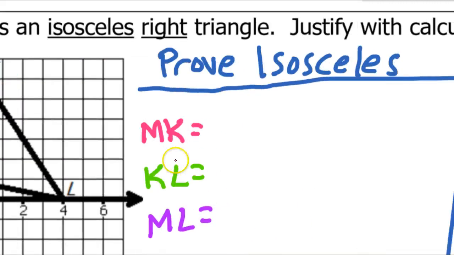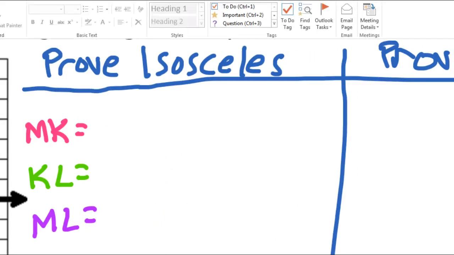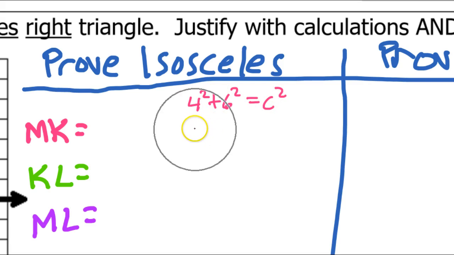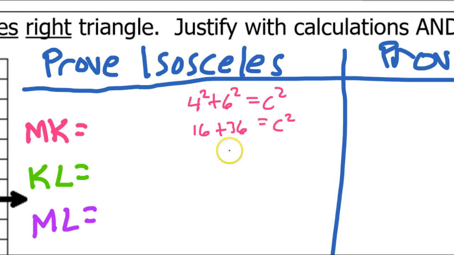So I'm going to do 4 squared plus 6 squared is equal to c squared. That is 16 plus 36 is equal to c squared. So that is 52 is equal to c squared. That means that MK is the square root of 52.